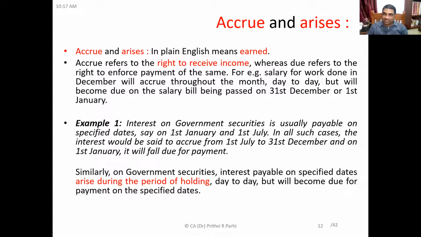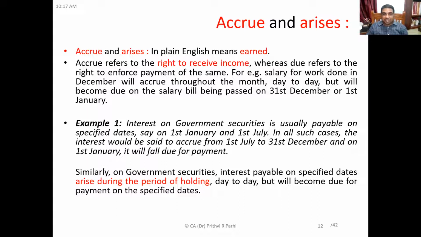You have got a right to receive that income, but you don't have any right to enforce the payment because it has not become due. When it becomes due, you can enforce it. Understood the difference? Yes, sir.